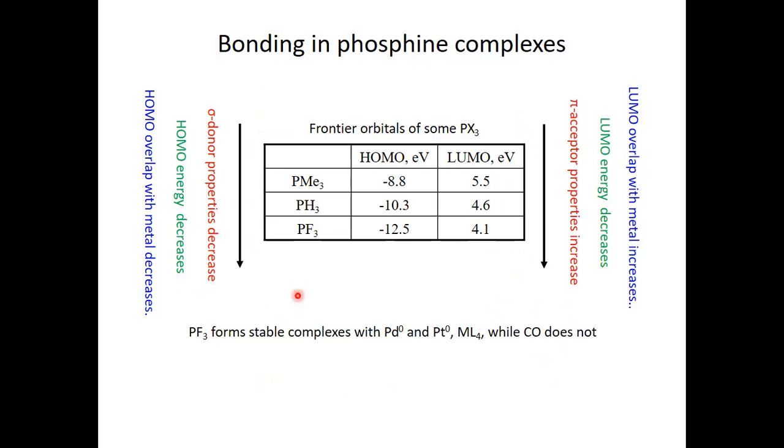So you see here three different phosphines: the trimethylphosphine, just phosphine, and the trifluorophosphine. Okay? So the methyl groups are actually electron pushing, while the fluoro groups are strongly electron withdrawing, and the hydrogen is somewhere in between.